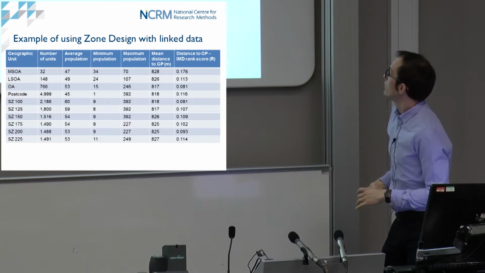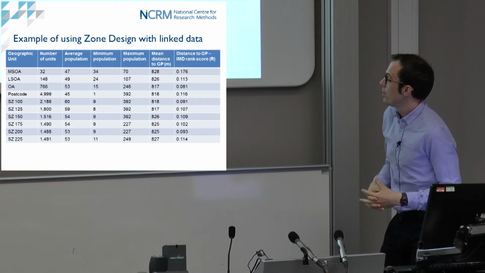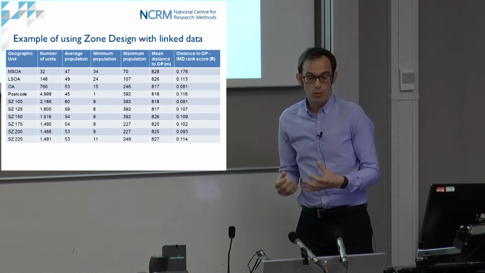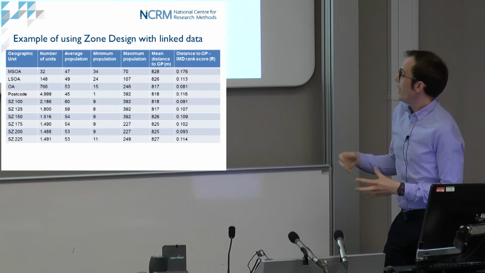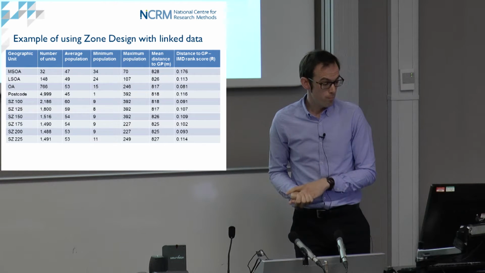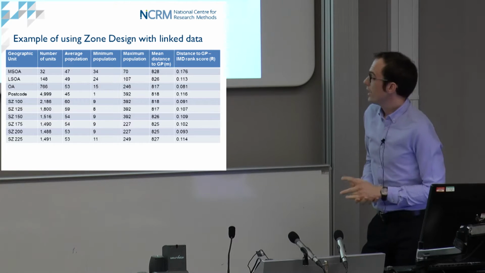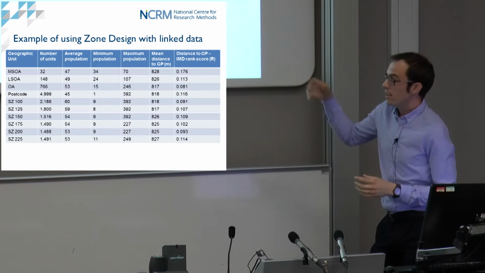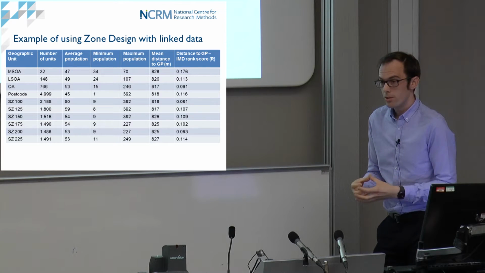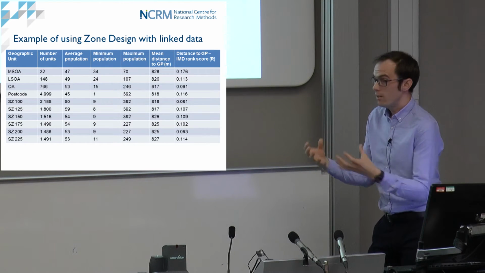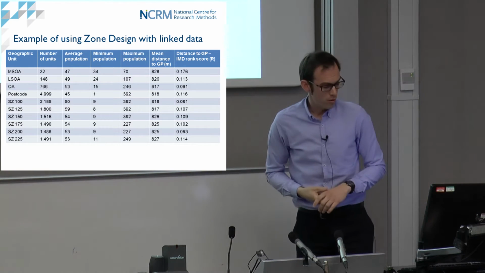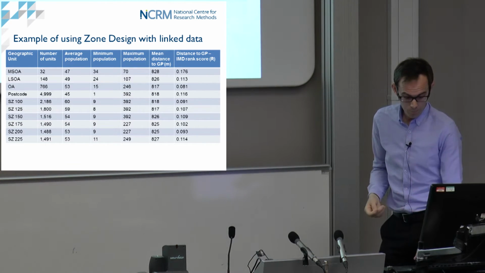We can also start to do other things with the data, such as taking into account the deprivation level and looking at how that relates to the distance to the GP. Our next step is to extend this further and use some larger zonations, where we're going to see much larger differences between the options presented here.